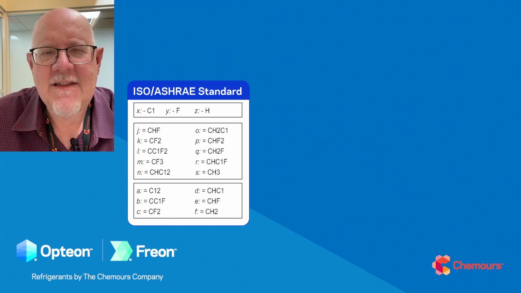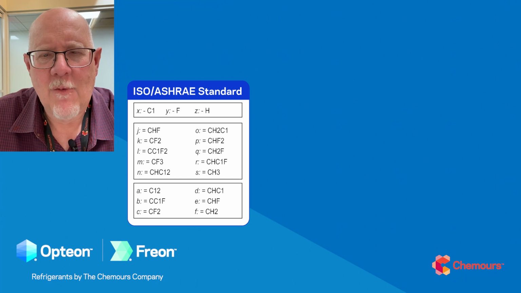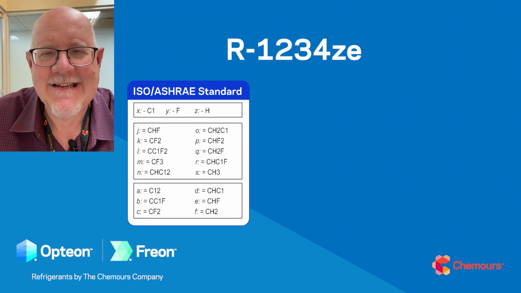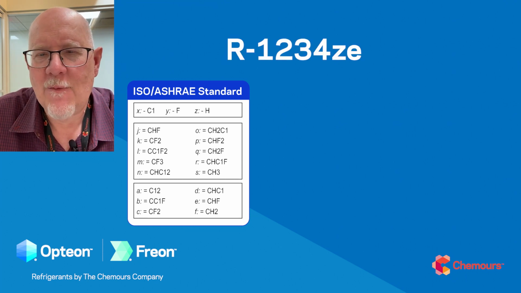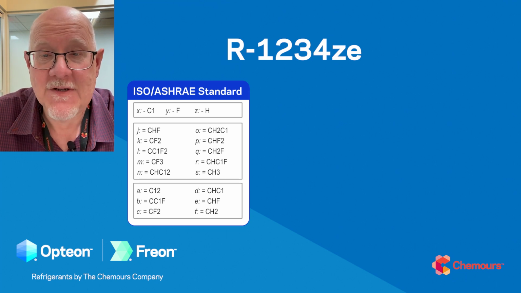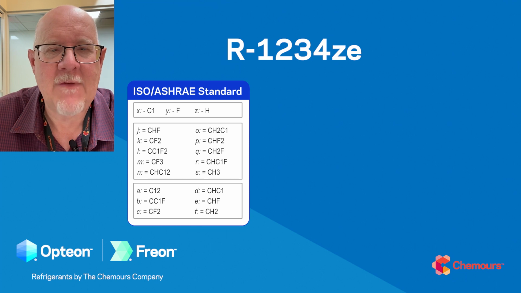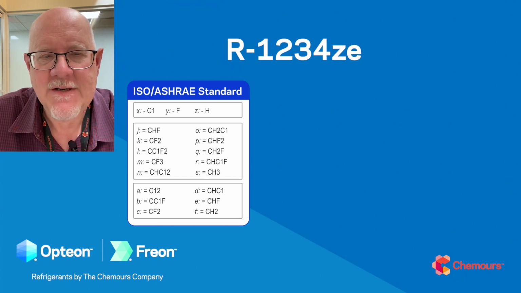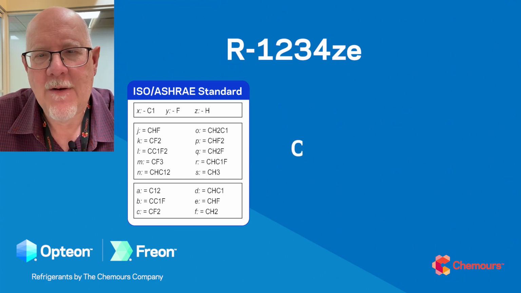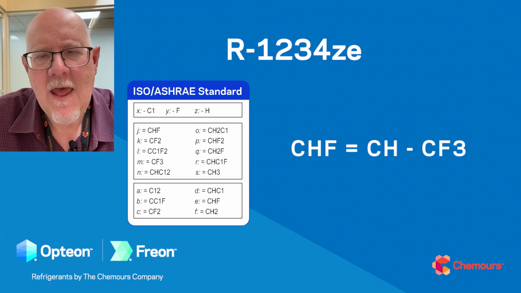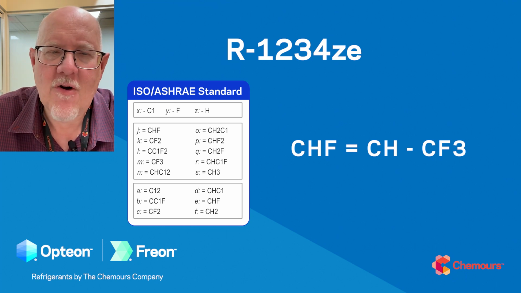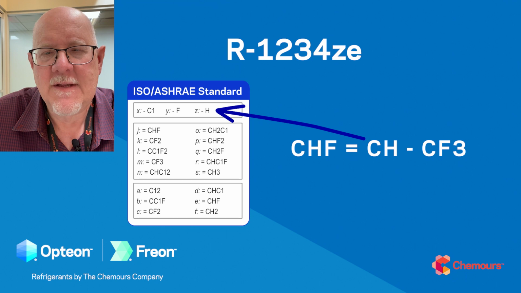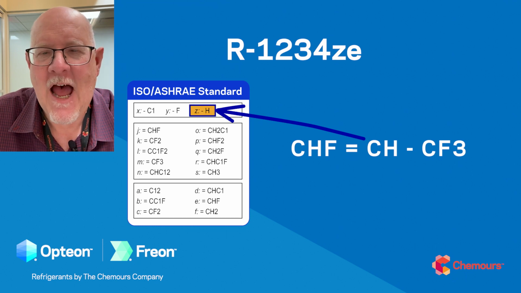So let's extend that to another molecule you may be familiar with, in this case 1234ze. The 1234, we know it's going to be exactly the same chemical makeup, it's just going to be a different arrangement of the atoms. So again, we can start with that basic 3-carbon olefinic structure. Then we look at that central carbon atom. In this case, the Z is going to be equivalent to a hydrogen on that.